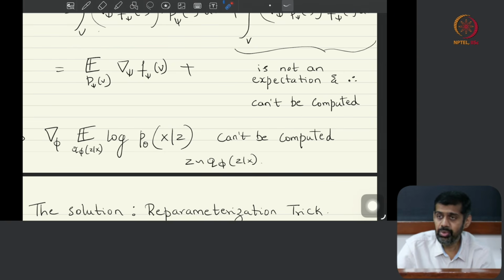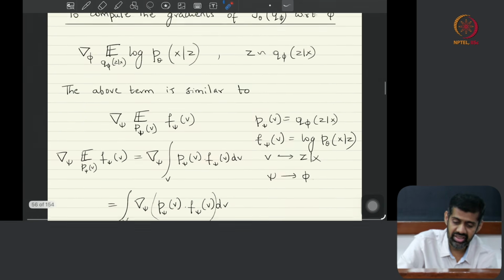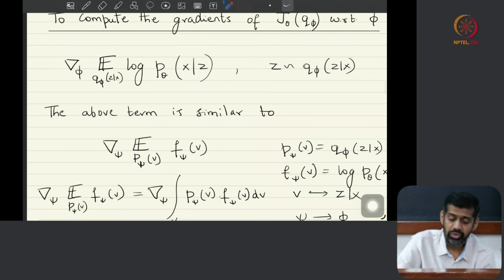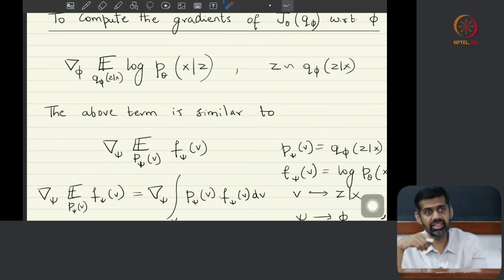See, this has nothing to do with the particular functional form that it takes. This is a general idea. Wherever you see this kind of computational form, where you need to find the gradient of an expectation of a function with respect to a distribution, and that distribution itself is parameterized by the same set of parameters with respect to which you are seeking gradients, you will end up having this problem.